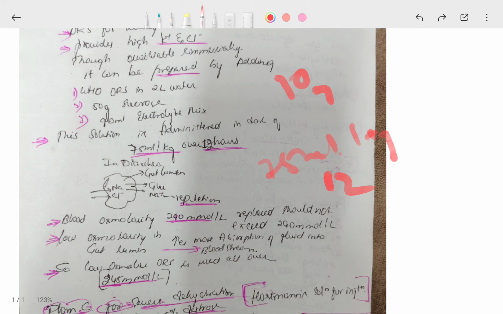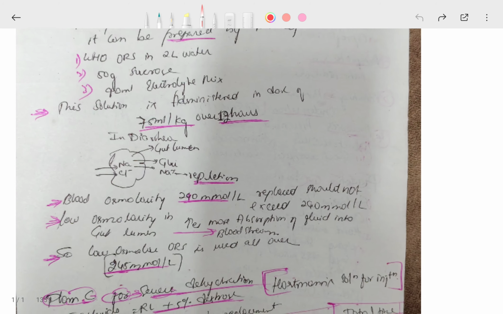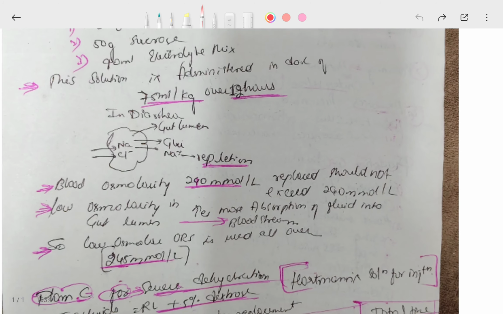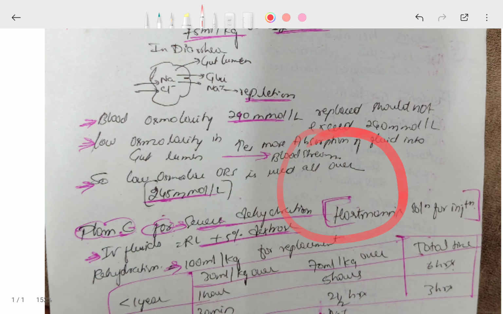Then I will explain how this low osmolar ORS will work. This is the lumen of the GIT, the gut lumen. In case of severe diarrhea, all electrolytes, ion channels and protein channels will be altered, and sodium, chloride and everything will be secreted inside the lumen, which will further draw the water inside the lumen and cause watery diarrhea.